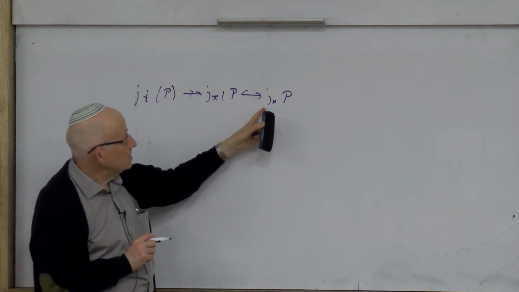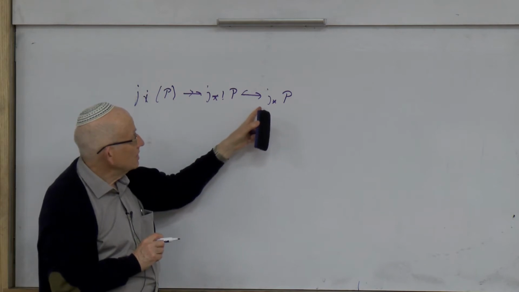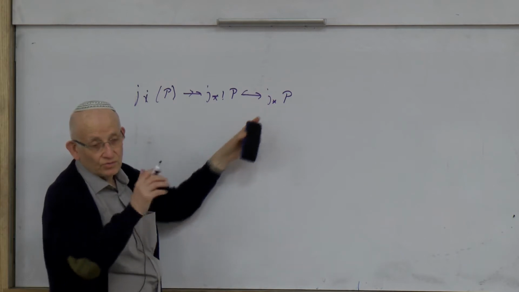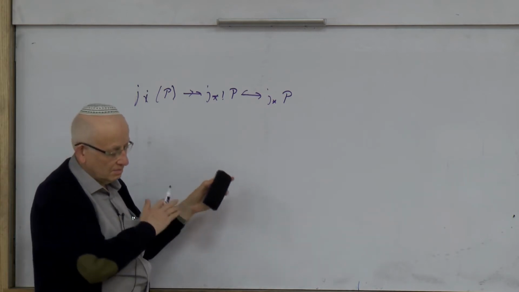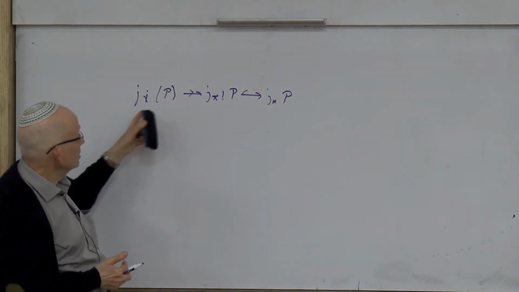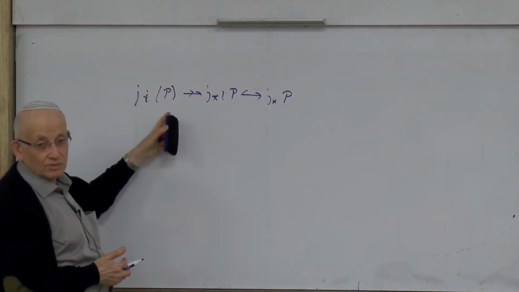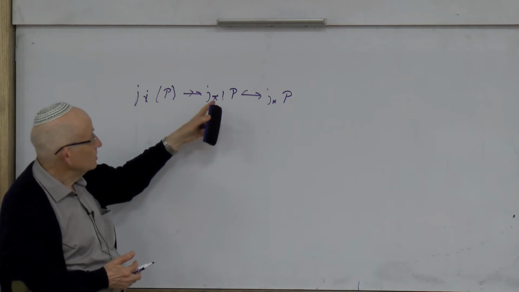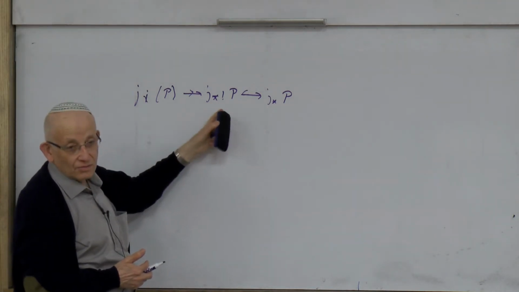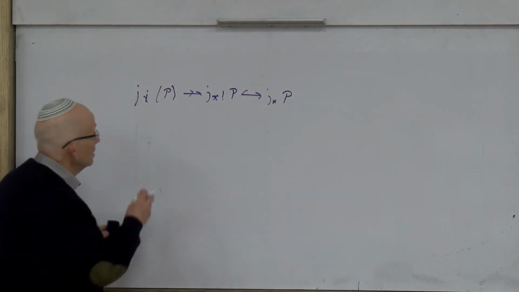Hence this module doesn't have submodules supported on the boundary because of the adjunction argument. This module doesn't have quotients which are supported on the boundary. So this shows that this doesn't have submodules and doesn't have quotients which are supported on the boundary.